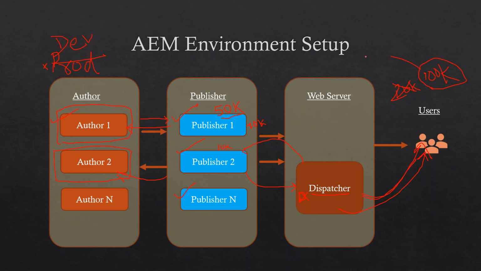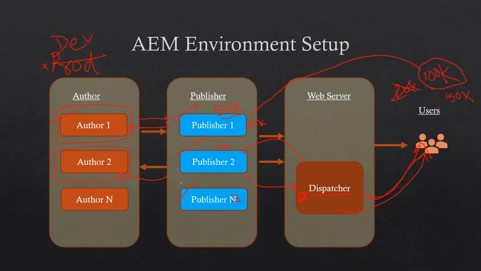Tomorrow, if the number of users increases beyond this at a particular time, you have to incorporate another publisher, publisher 3, and the limit of your system will increase to 150K users at a time. So the higher the number of publishers, the higher the load you can handle, and your system will be available.